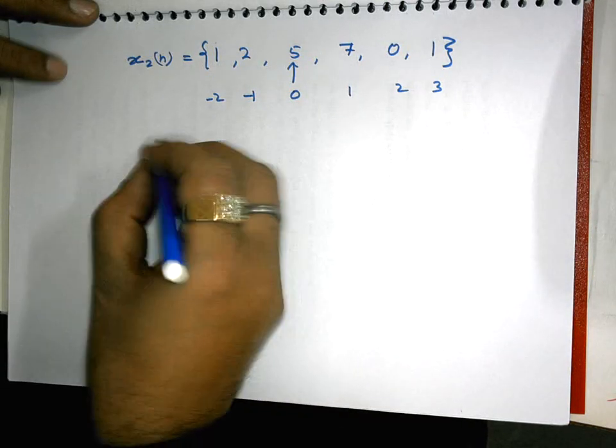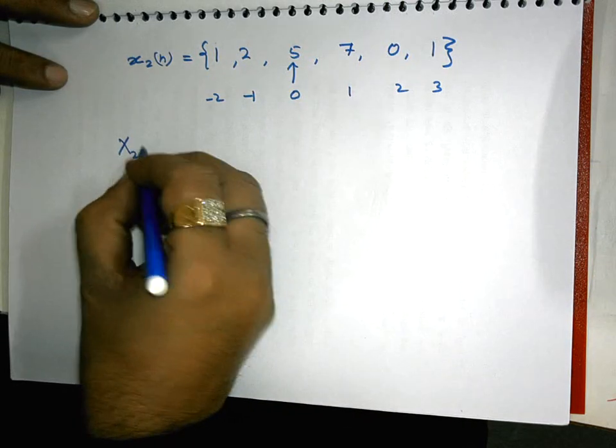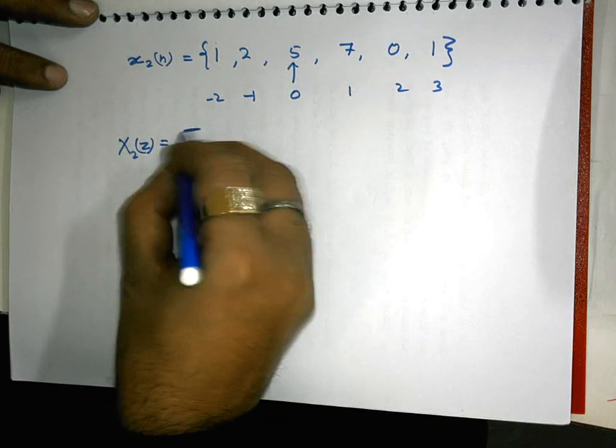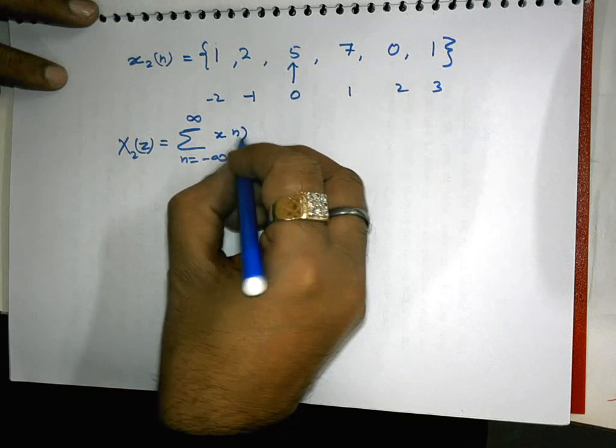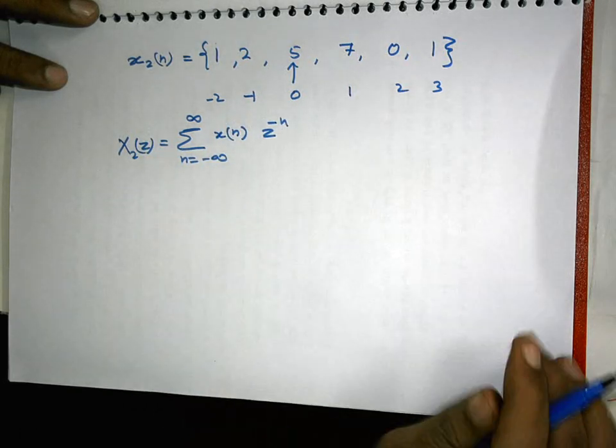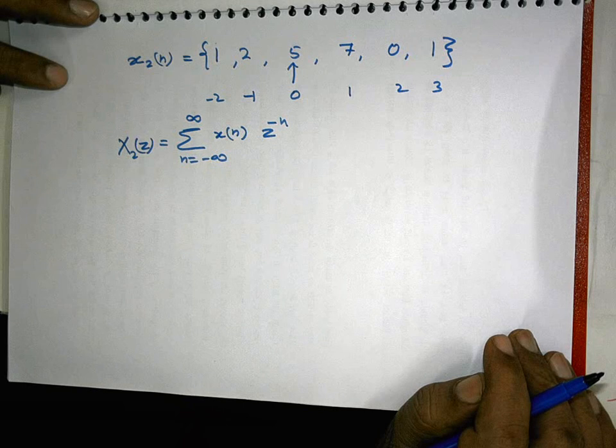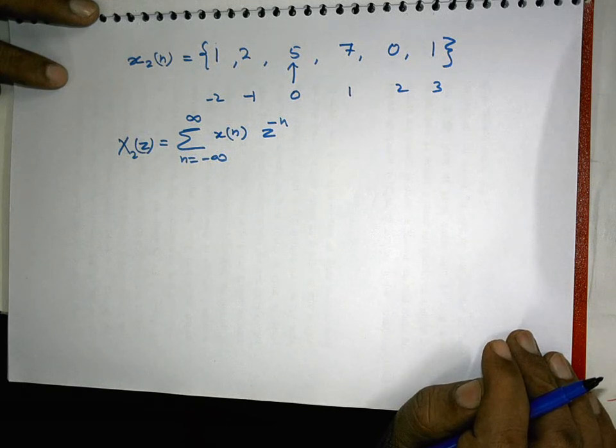And what the defining relationship says is that X2(z) is equal to summation n equals -infinity to infinity x[n] z to the power -n. This is the defining relationship of the Z transform.